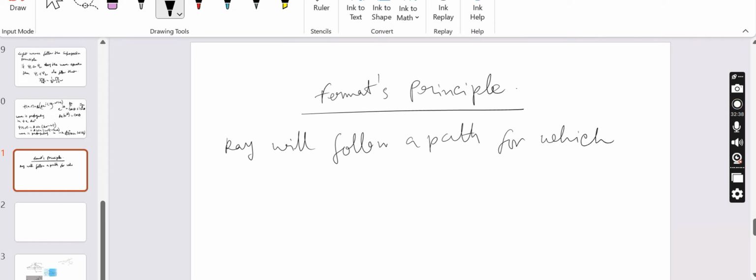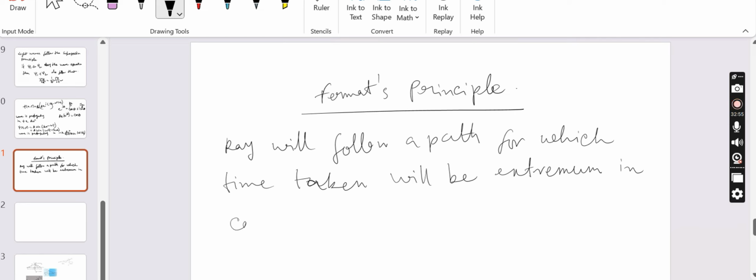That principle says the ray will follow a path for which the time taken will be extremum in comparison to nearby paths.